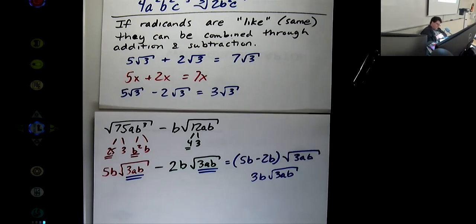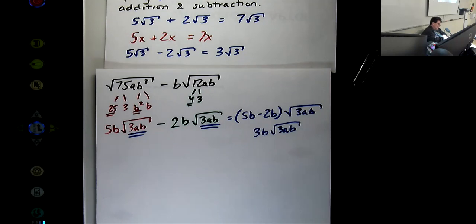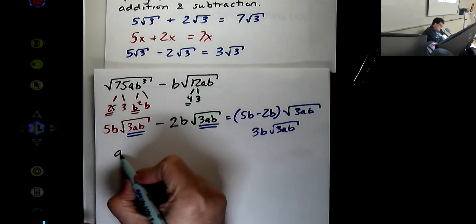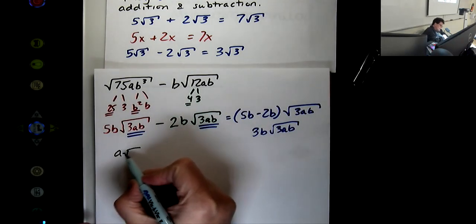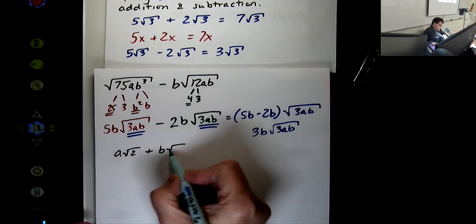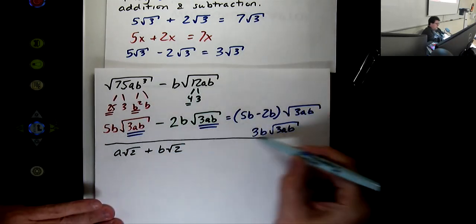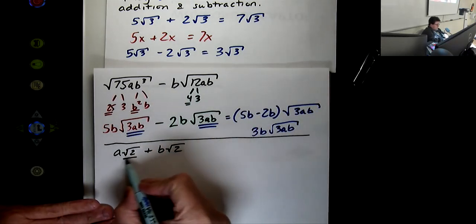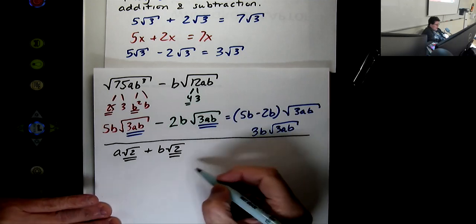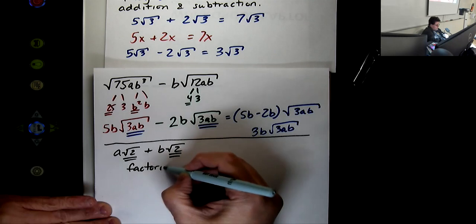So the reason why I did this is because that's kind of like what's going on the whole way. I could have a square root of 2 plus b square root of 2. As long as the square roots of 2 match, I'm effectively factoring out the square root of 2.